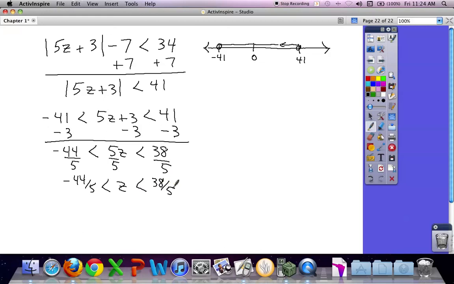And in terms of putting it on a number line, you could go like this. Clearly 38 over 5 is to the right. And negative 44 over 5 is to the left. It's open circle on both of those. And shaded in the middle.